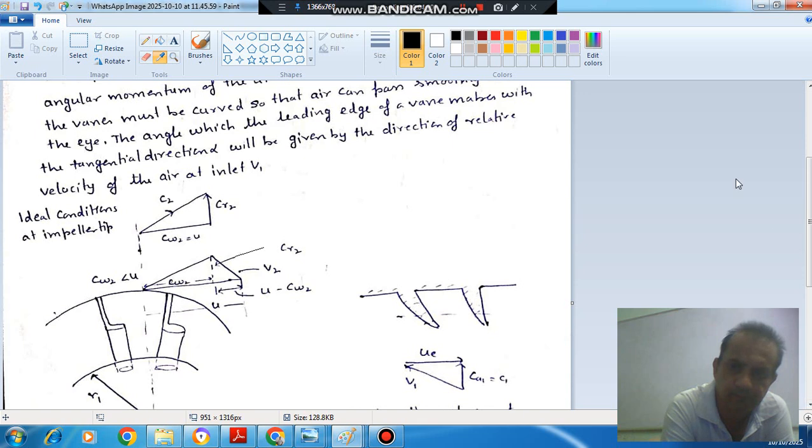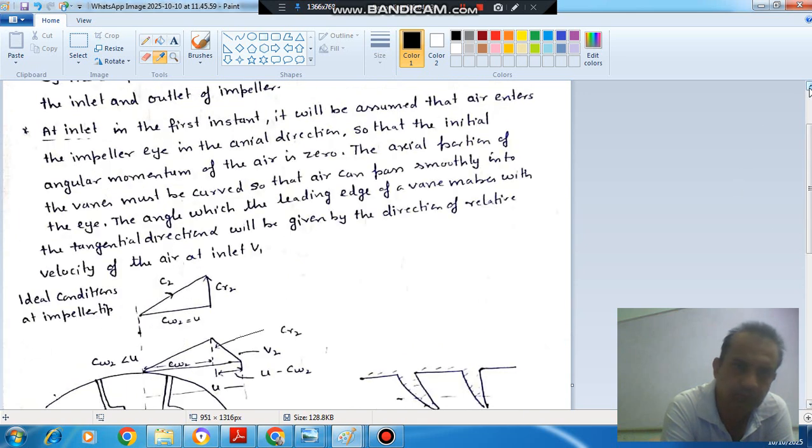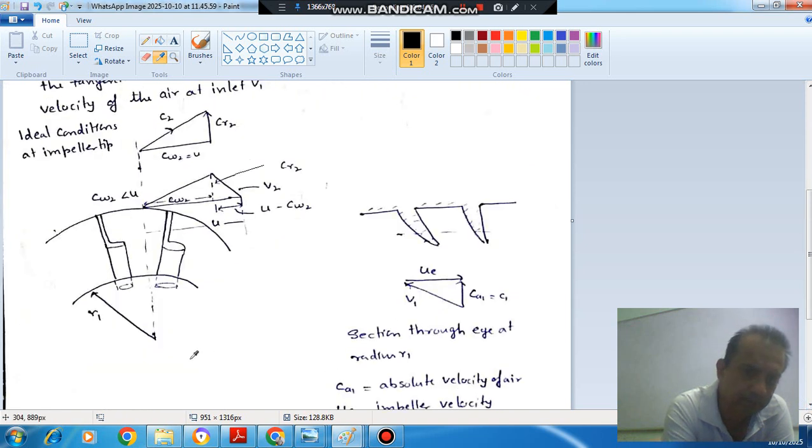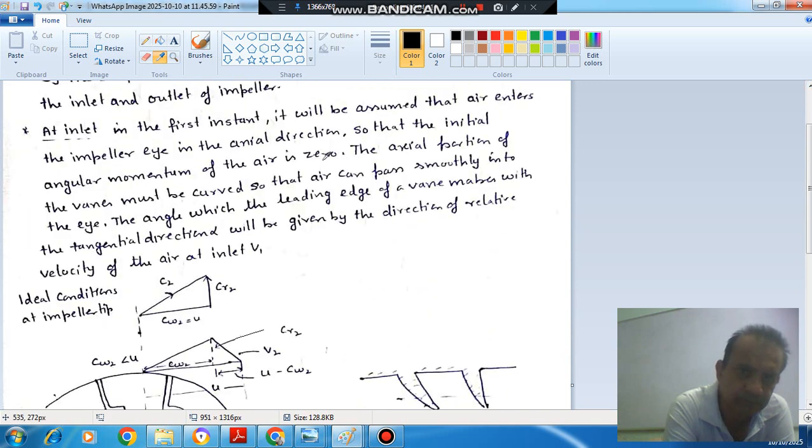At inlet, in the first instance, it will be assumed that air enters the impeller eye in the axial direction, perpendicular to the page in this diagram, so that the initial angular momentum of the air is 0. Angular momentum being 0 means there is no CW1. Only CA1 is there.